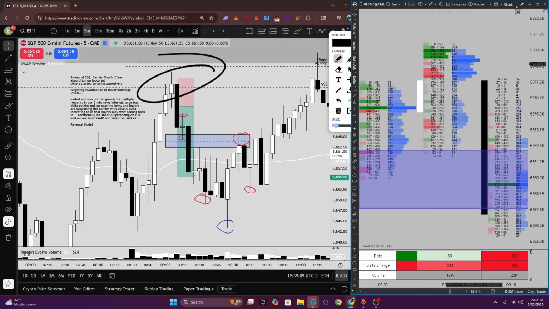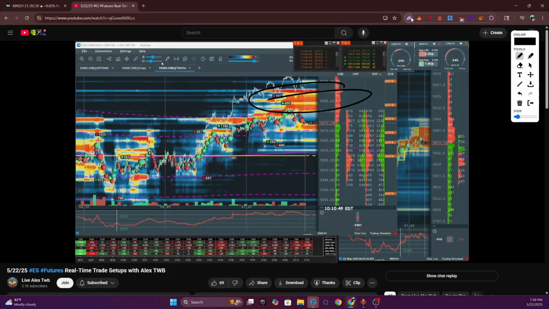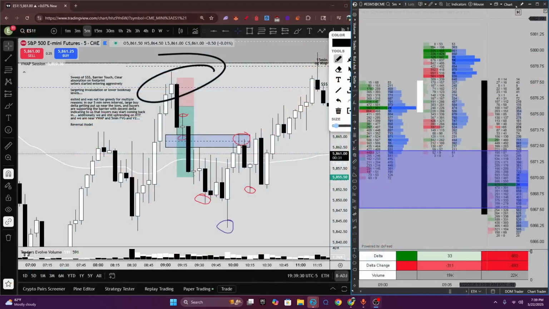What this is telling me is that buyers are entering at those highs where there are passive sellers sitting on the market, and on top of that, active sellers are also getting in where passive sellers are in the market.